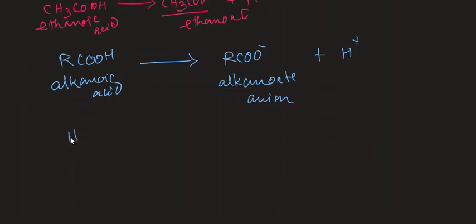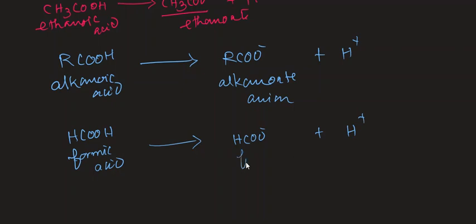Let me write formic acid, HCOOH. This forms HCOO- plus H+. So this is known as formate. Formate is the common name, but the IUPAC name is methanoic acid. The respective ion is methanoate.